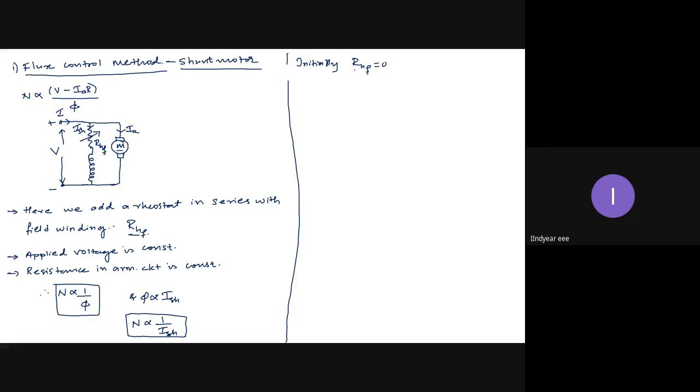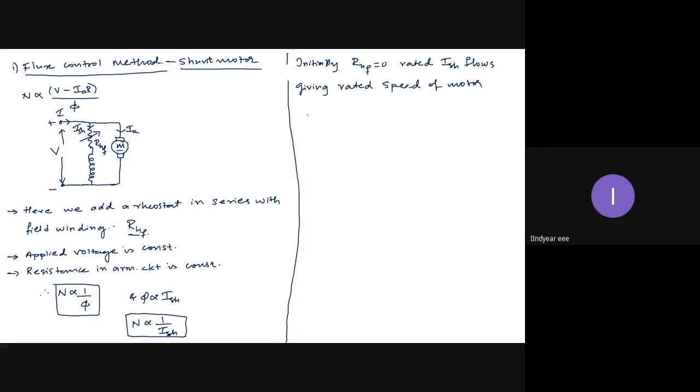Initially, when RHF is 0, the rated ISH flows, giving the rated speed of the motor.